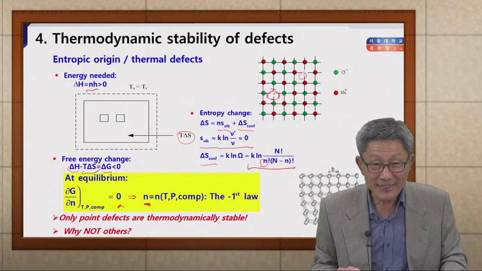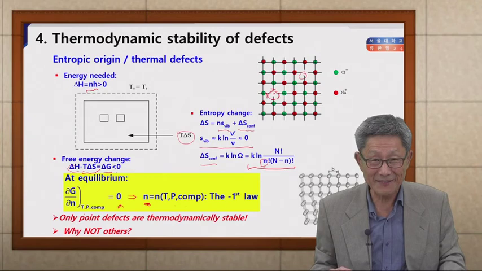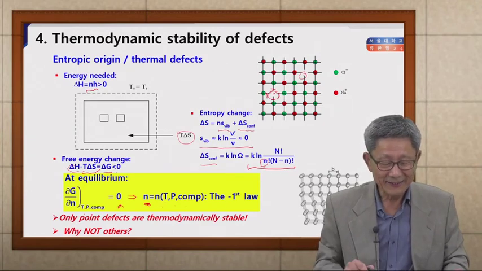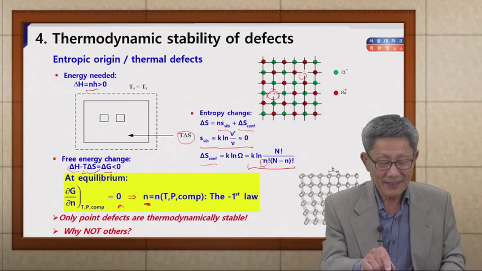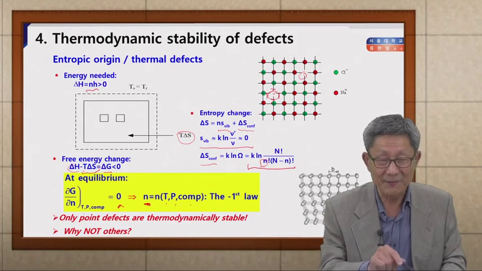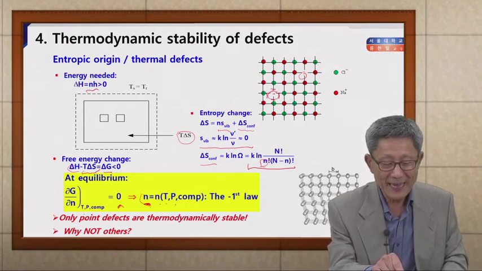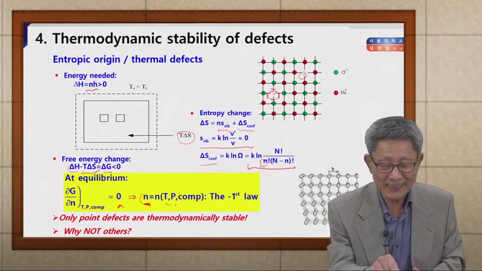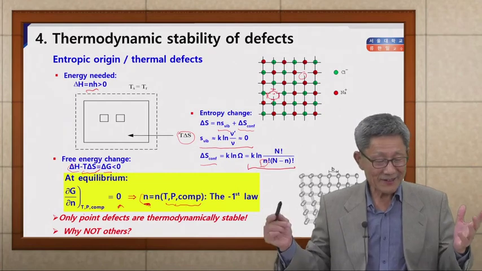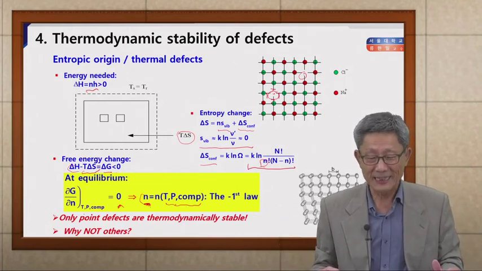This looks exactly like a minus first law of thermodynamics, doesn't it? I told you that the thermodynamic variables of your system are temperature, pressure, and composition. Now here, point defect concentration turns out to be a unique function of these thermodynamic variables. So in this sense, point defects are thermodynamically stable.